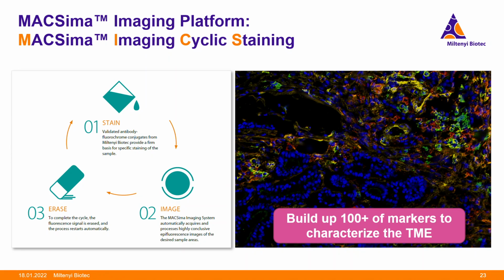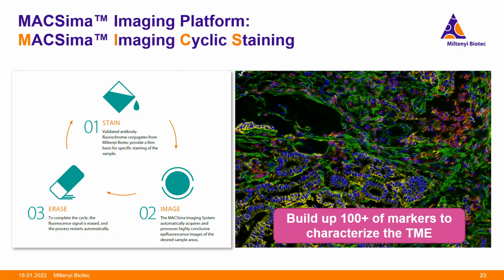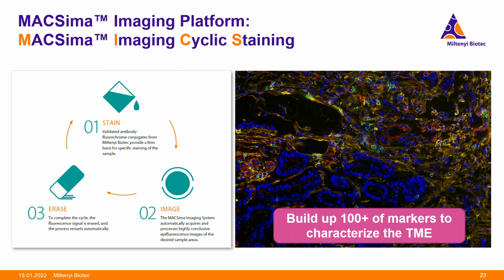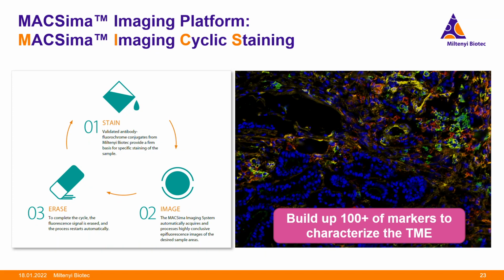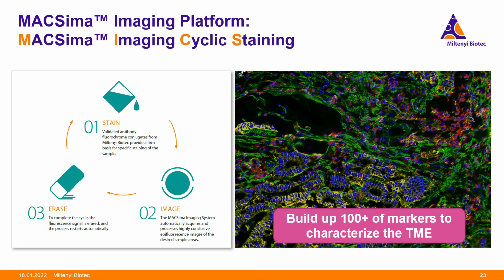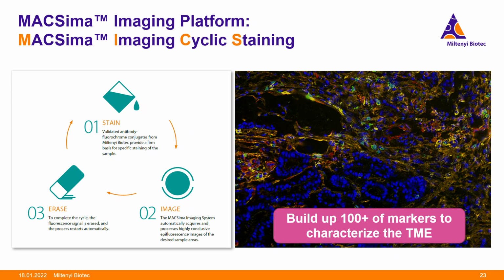Next, we will sequentially image those antibody markers along with DAPI for the nuclei. And then eventually we will erase the fluorescent signal via photobleaching or enzymatic release. And this is done before automatically starting the process all over again until the desired number of markers are reached.